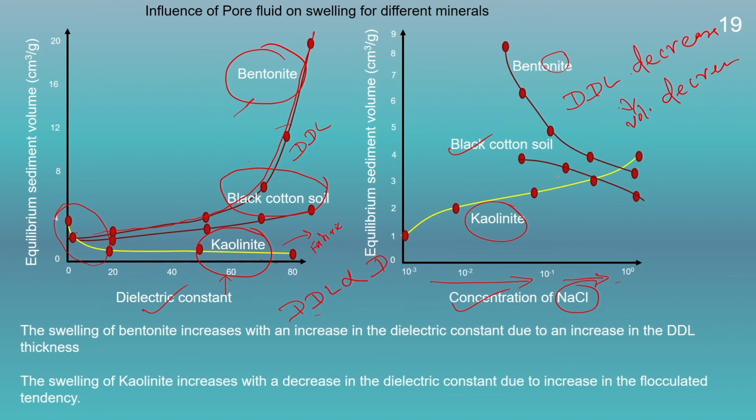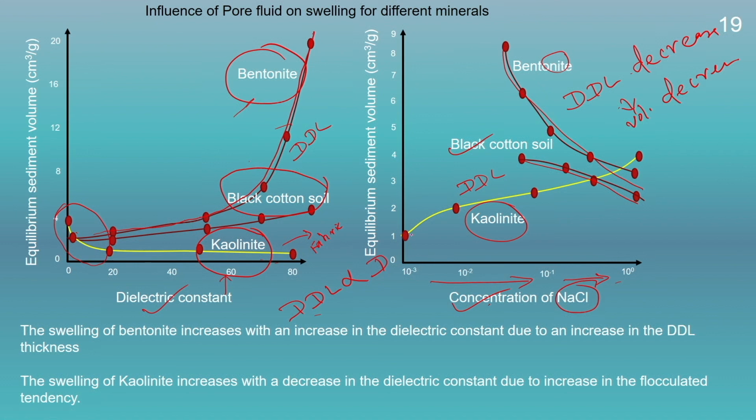Similarly, for black cotton soil also, with increase in the concentration of the sodium chloride, the volume of the soil is decreasing. On the other hand, kaolinite, which is not governed by the diffuse double layer thickness but by its fabric, has a reverse trend in comparison to montmorillonite or black cotton soil.